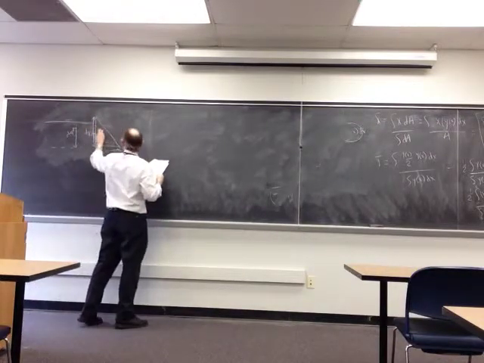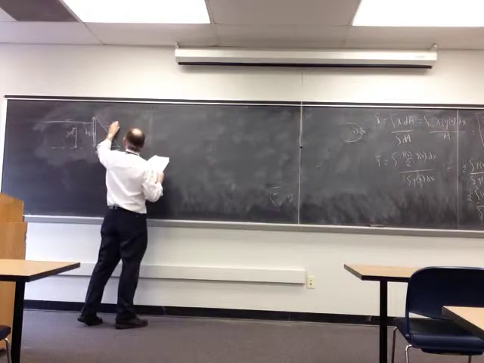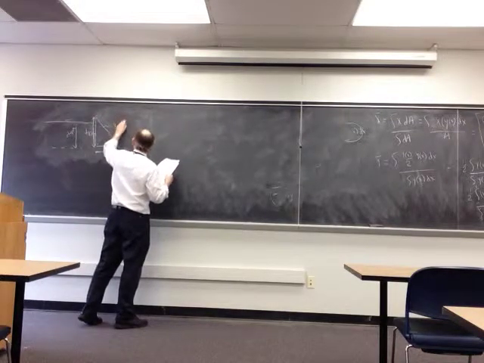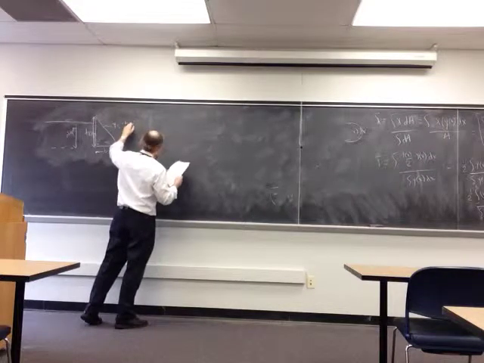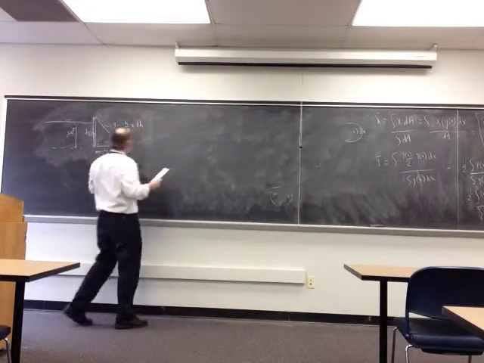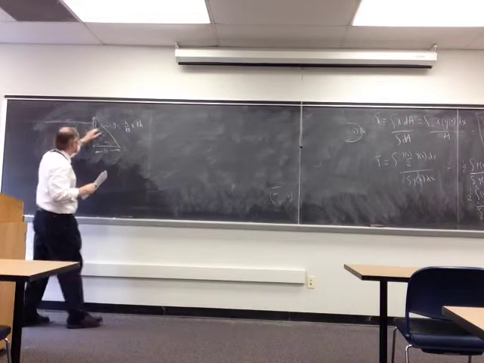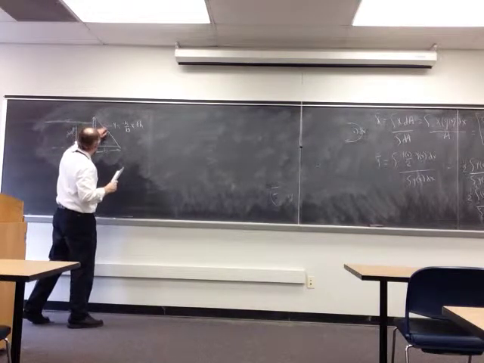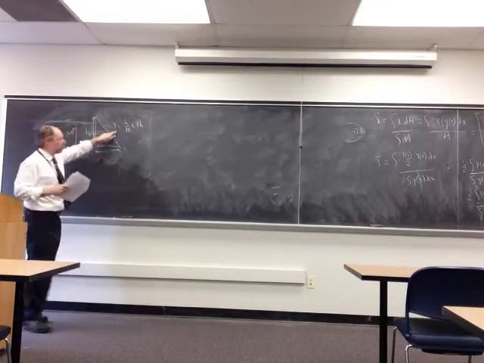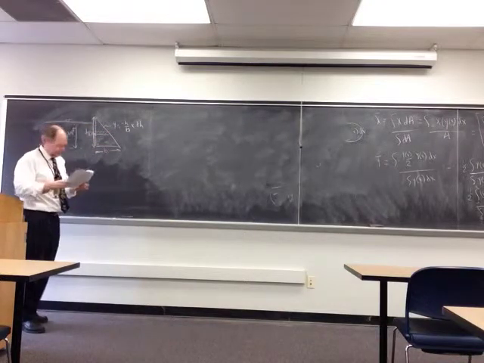And this line is y equals minus h over b times x plus h. And if you want to do your rectangles this direction, you've got to rearrange this in terms of x.